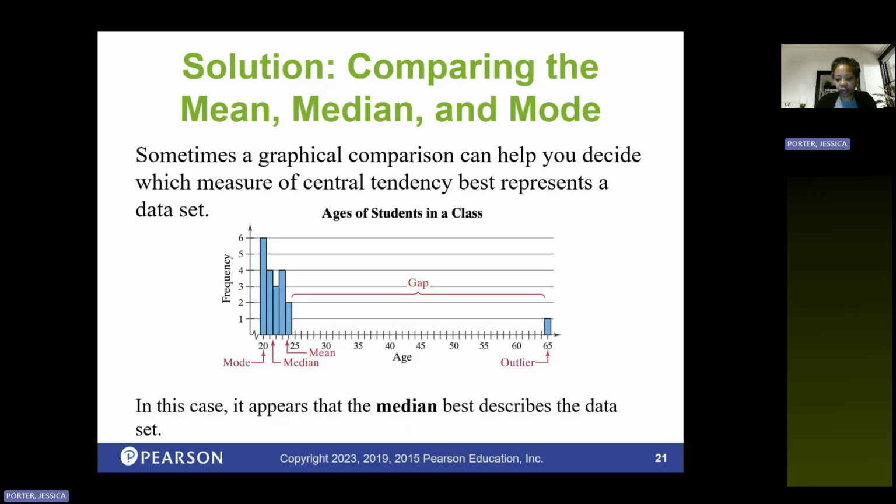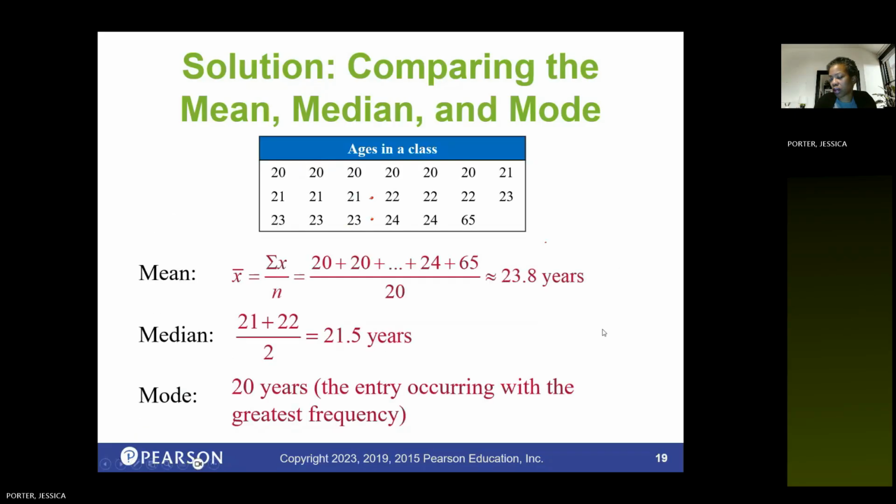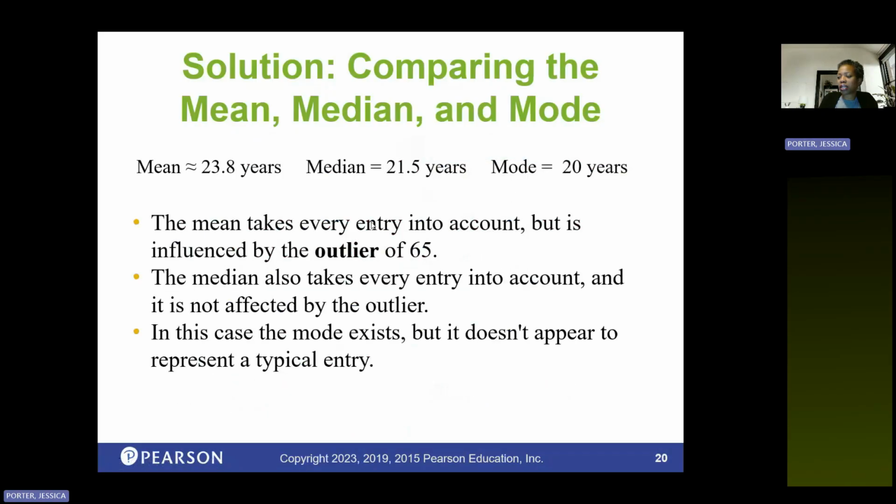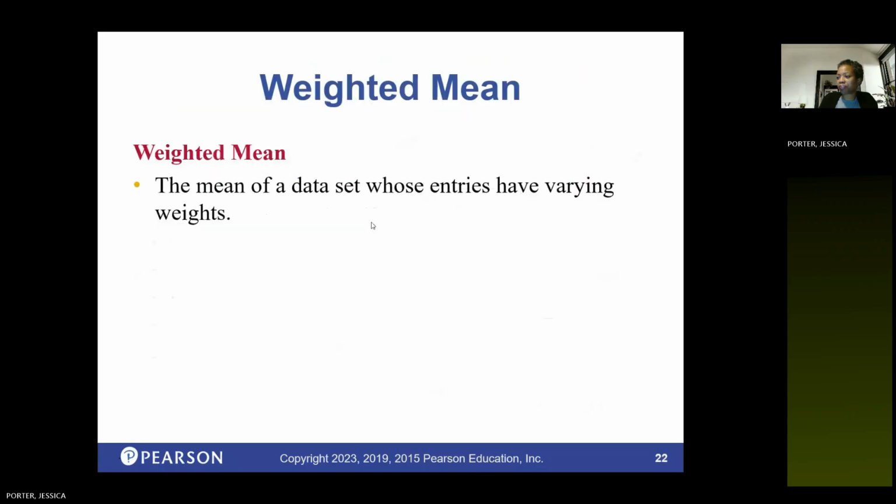That's why on this other slide we could see that we're at 23.8, which is at the top end of our data set. It's not necessarily the middle. So in this case, it would be the median.